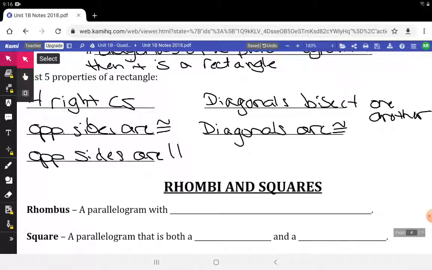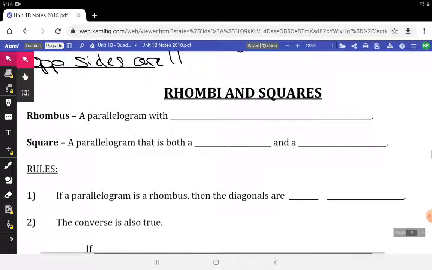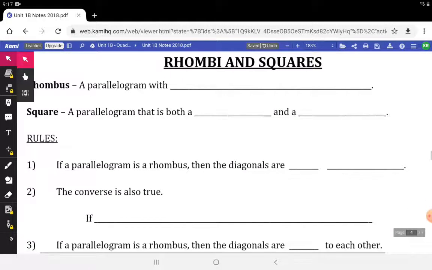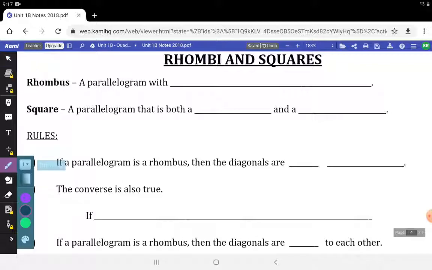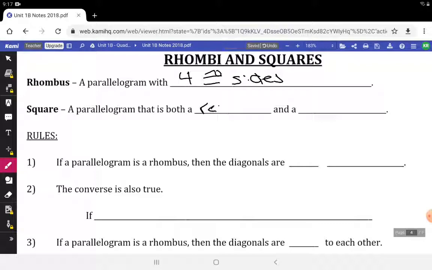And we need to keep that in order because the properties of rhombi and squares are different. So remember that a rhombus is a parallelogram with 4 congruent sides, and that a square is both a rectangle and a rhombus.